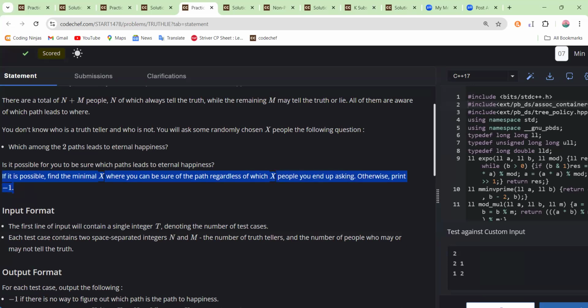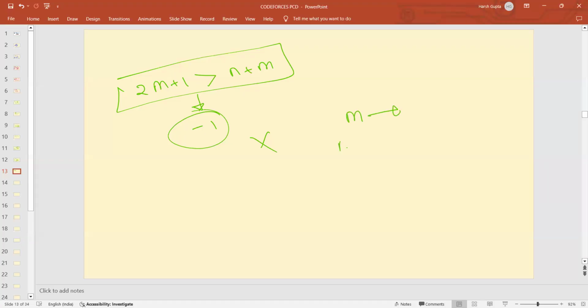So just observe one thing, that we are choosing m people who always tell lies and m plus 1 people who always tell truth. If I am able to choose m plus 1 people out of n people, because there were n people who were always telling truth, I should be guaranteed that n is greater than m. Then only I can do this. Otherwise, I can't do this.